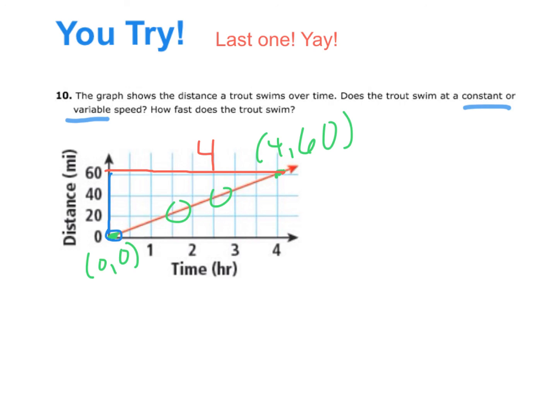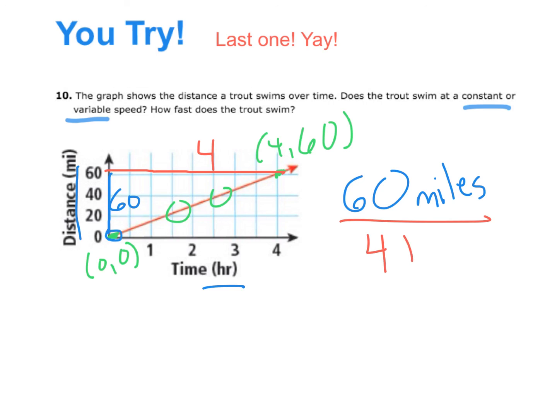So 60 was my rise, and 4 was my run. So I can write it over here. So my rise was 60 what? 60 miles. And my run was 4 hours.